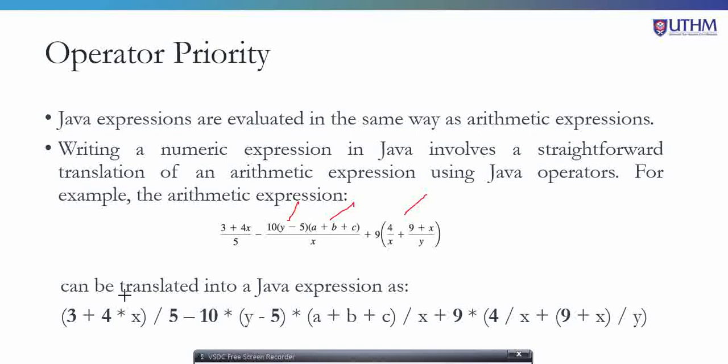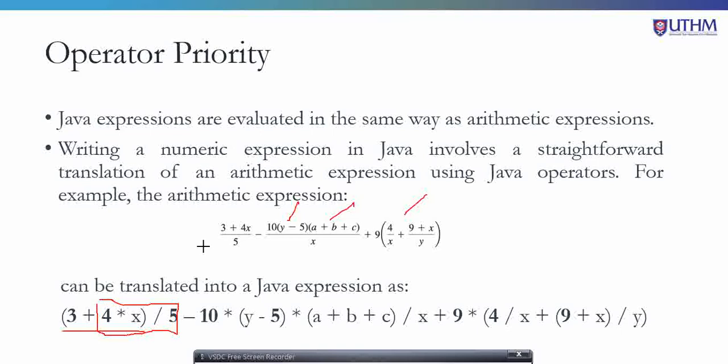If we do not provide the parentheses here, your compiler will perform this operation first, 4 times x divided by 5, because it is mathematics, we need to do the multiplication, division and the important operators first.